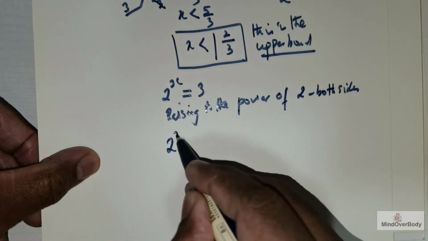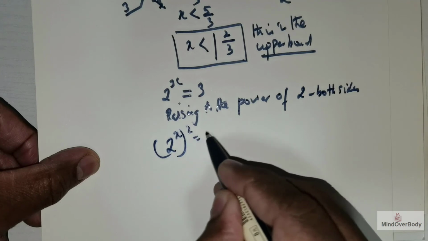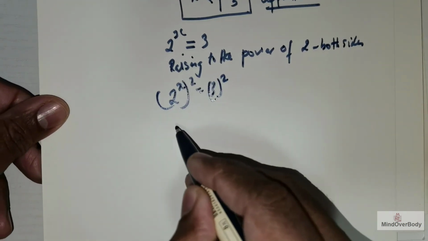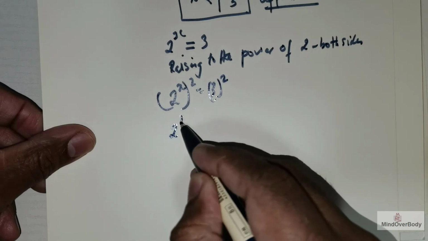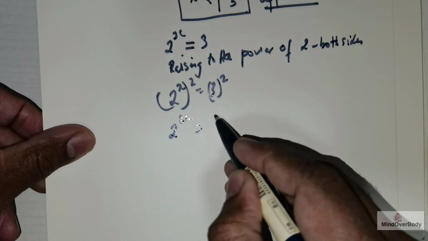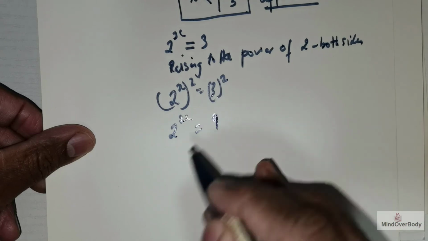When I do that, I get 2 raised to the power x, raised to the power 2, is equal to 3 raised to the power 2. This is nothing but 2 raised to the power 2x, and 3 squared is going to be 9.